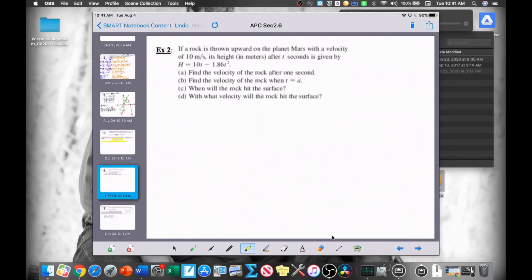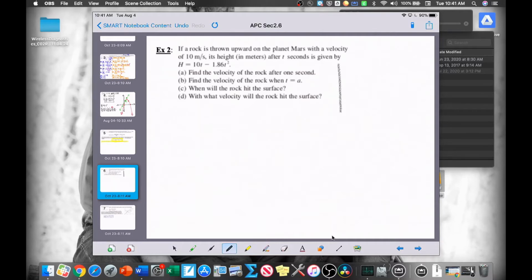In our next example, it says that a rock is thrown upward on the planet Mars with a velocity of 10 meters per second, and its height in meters after t seconds is given by h equals 10t minus 1.86 t squared. All right, so before we do any math here, I just want to sketch a little picture of what this would look like.